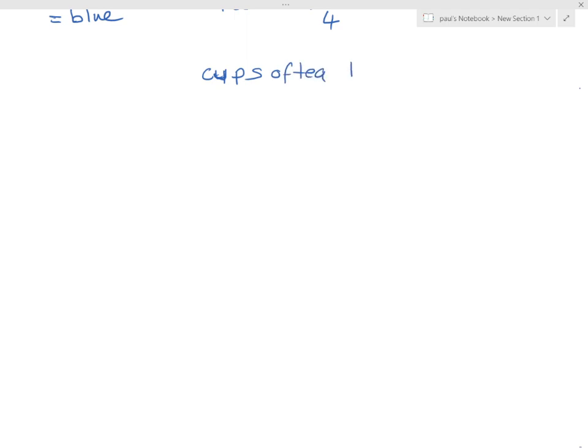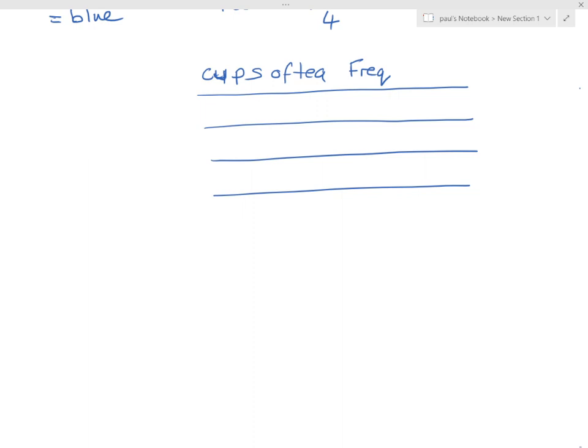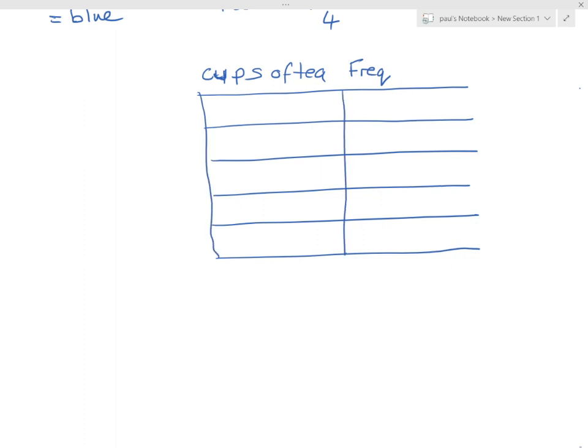So this time, cups of tea, frequency, and when you do this, 0, 1, 2, 3, 4, that will do. The frequency is, we ask people how many cups of tea they drink, and 7 people said they don't drink any cups of tea at all. 8 people said they drink 1, and 10 people drink 2, and 6 people, and 5 people, and so on and so forth.